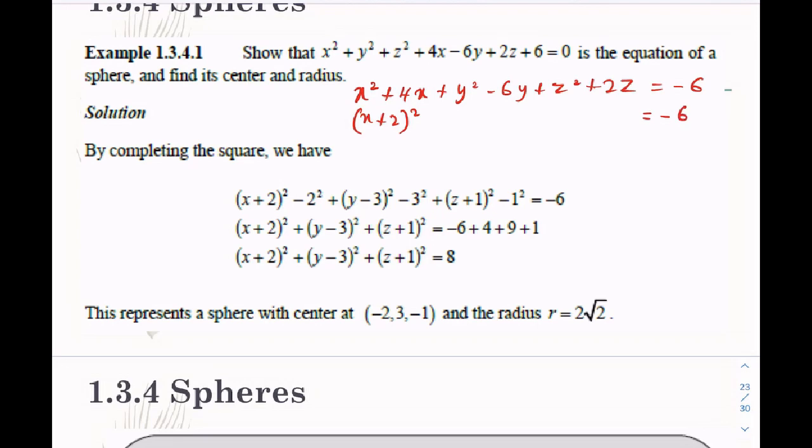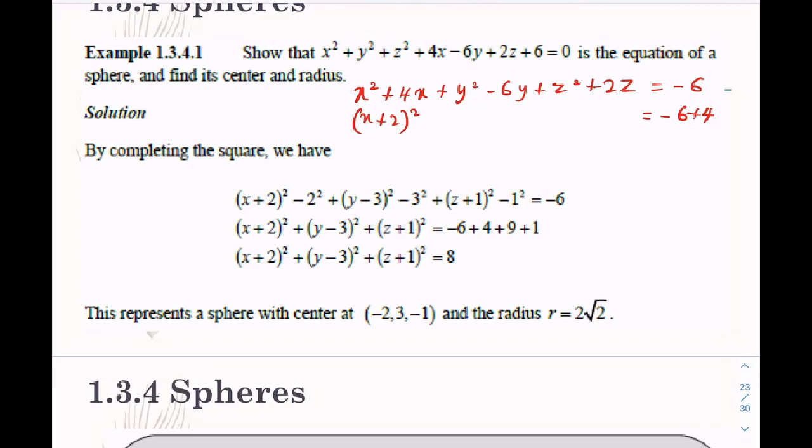Negative 6, and then over here when we expand, we will have x squared plus 4x plus 4, isn't it? But we don't want that plus 4, so we put negative 4, which we bring to this side, we will have plus 4 over here. Okay, we are done for the x.